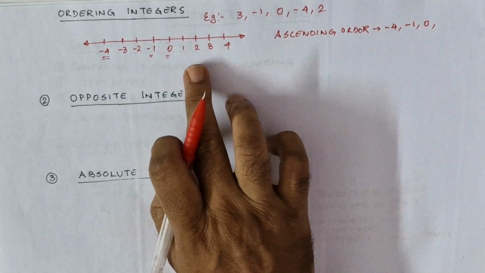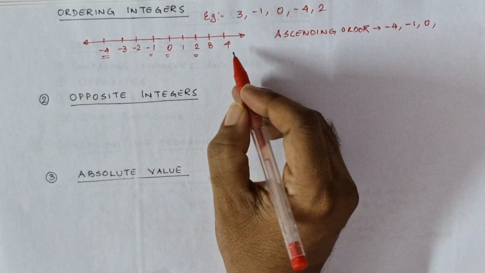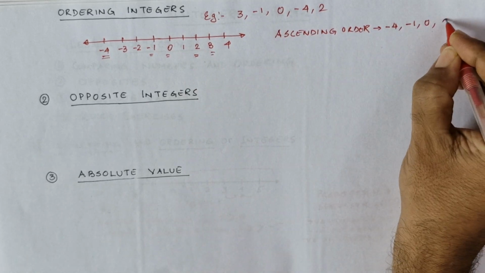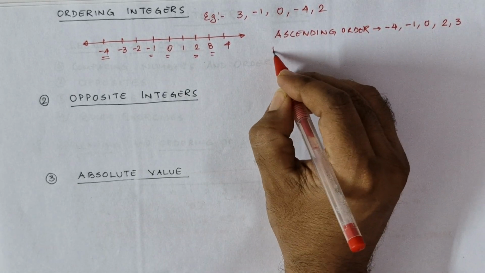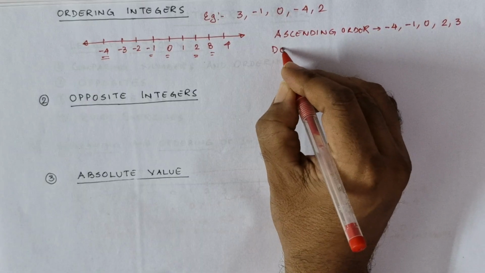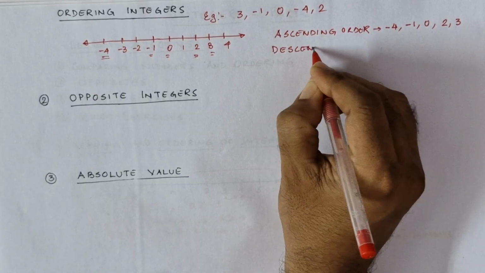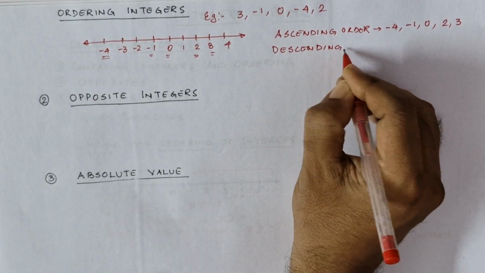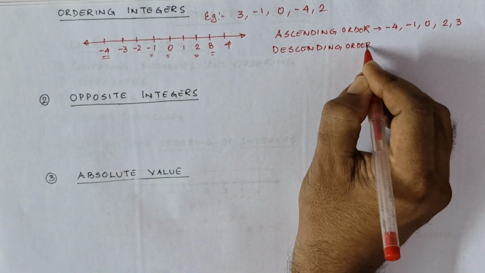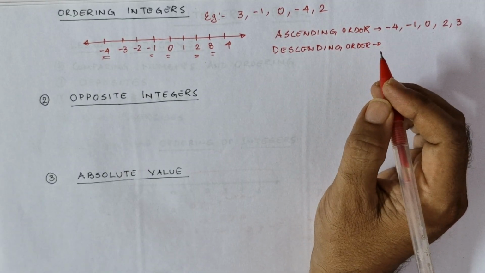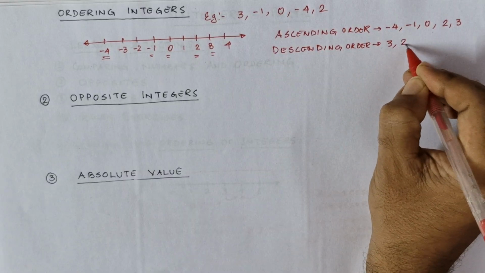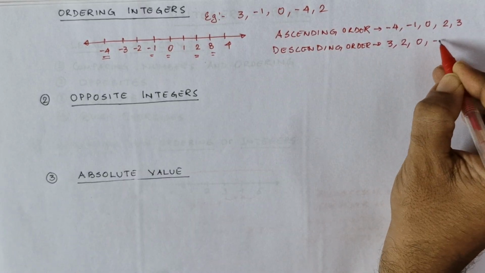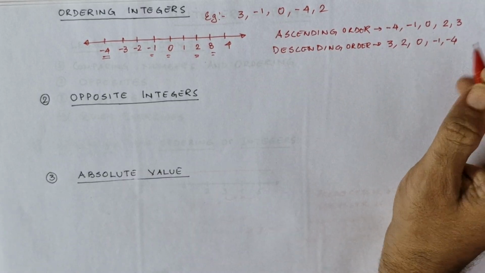Then comes 2. Then comes 3. See, it's easy, right? Now descending will be just the opposite. Descending order, greater to smaller: 3, 2, 0, -1, -4, right?